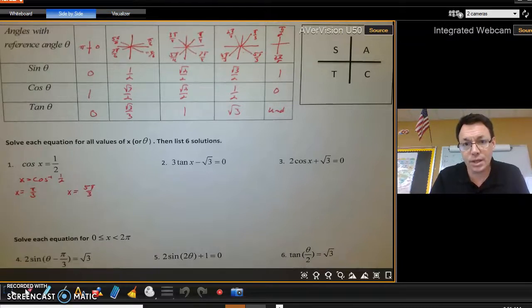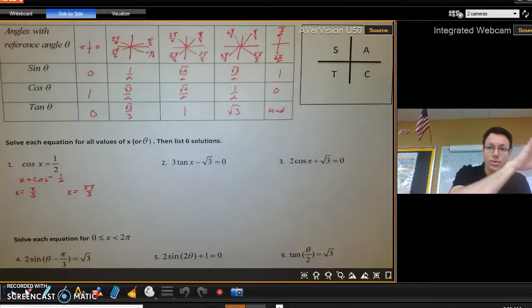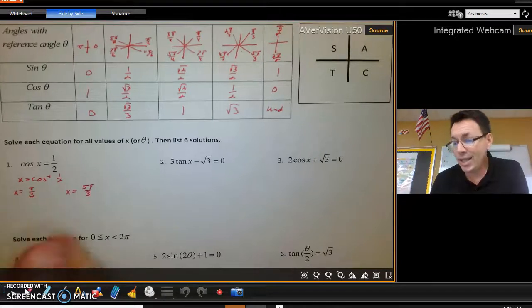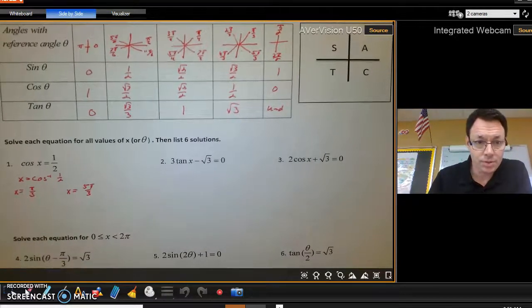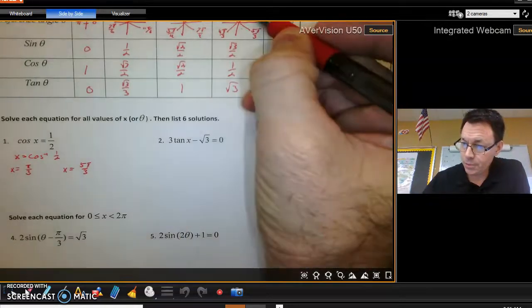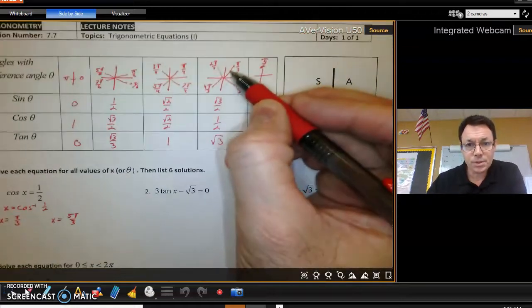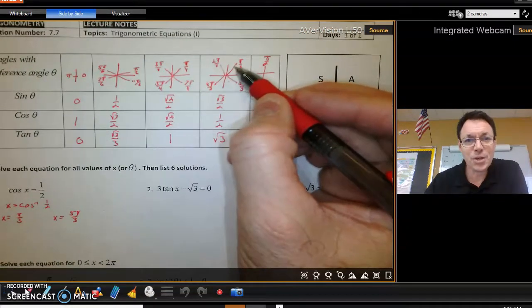Well, having said that, if you think about the graph of a cosine, okay, it goes forever and ever. So these are not all the solutions. Okay, pi over 3, so here's pi over 3. If we do a complete circle, we'll land on another angle that has a cosine value of 1/2.